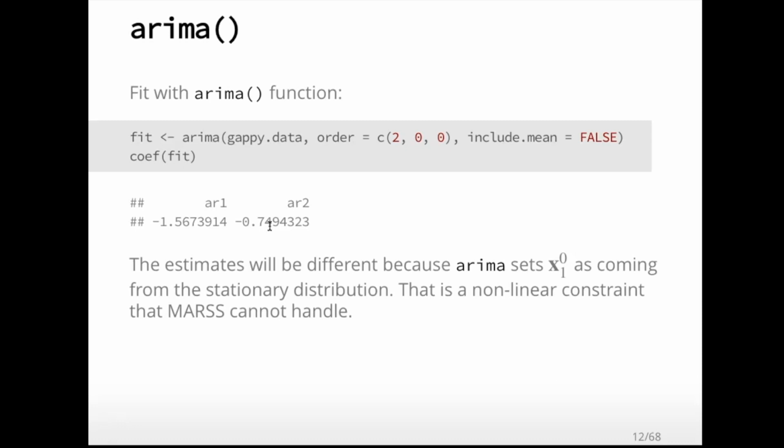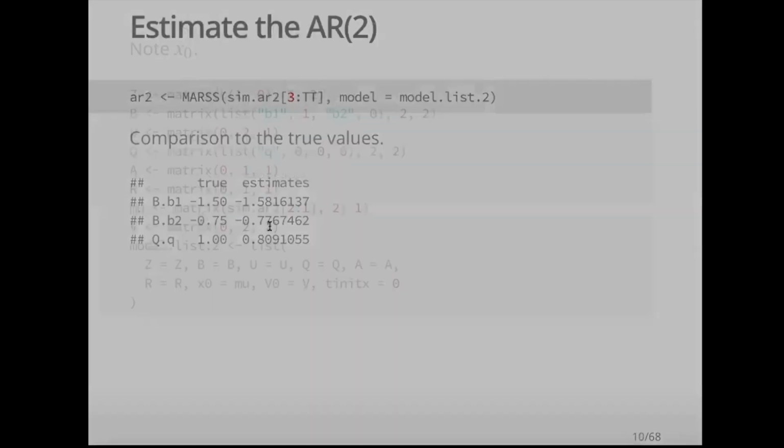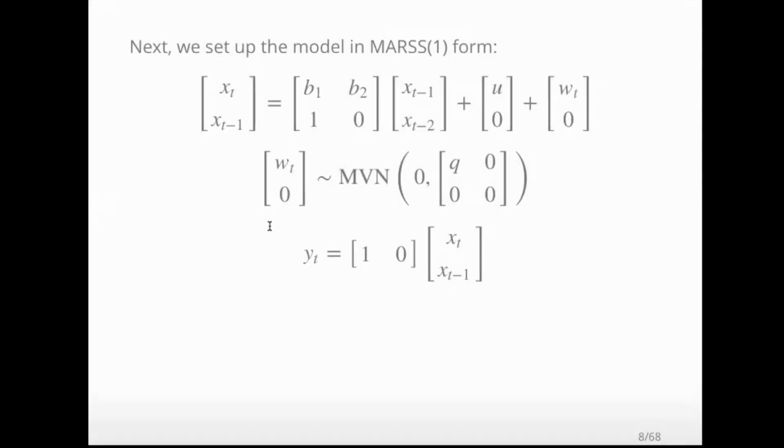So you may think, okay, why on earth would you rewrite an AR2 as a MARSS model? It's slower, and what a mess it is to rewrite that. So you wouldn't for an AR2, but the thing is, once you get into a multivariate AR2, so you don't just have one X, you have multiple X's that you're monitoring, ARIMA is not going to work.